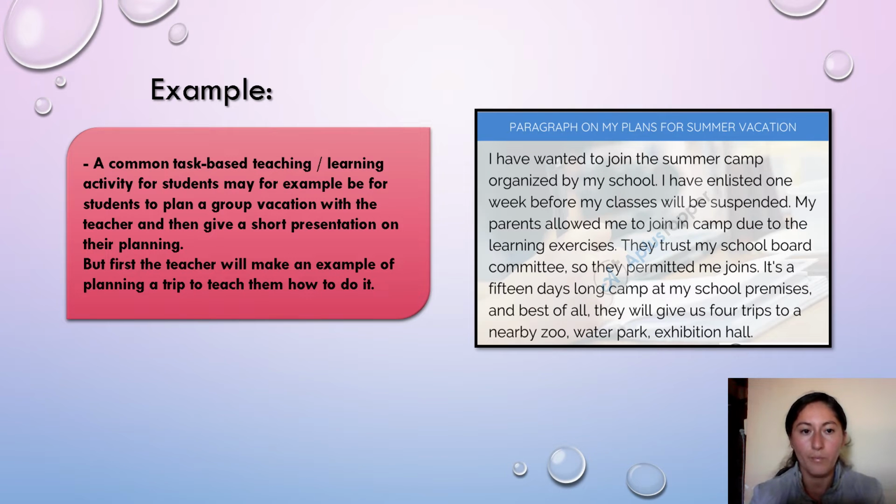Example: a common task-based teaching learning activity for the students may be for students to plan a group vacation with the teacher and then give a short presentation of their planning. But first the teacher will make an example of planning a trip to teach them how to do it.